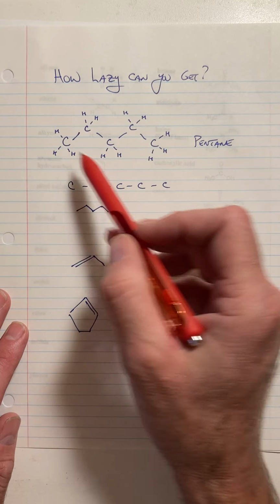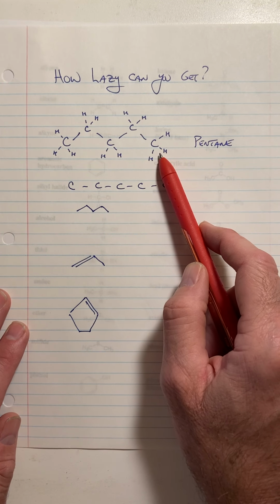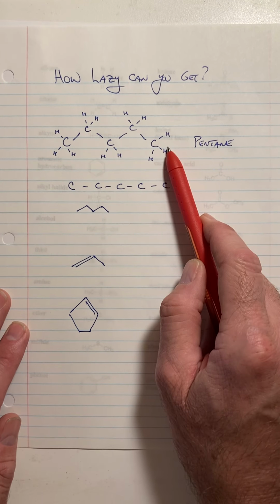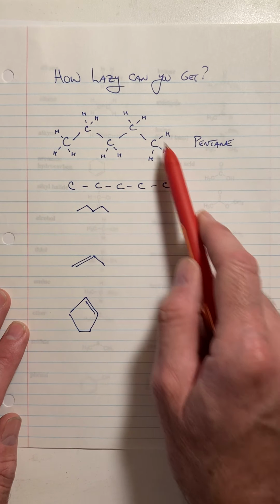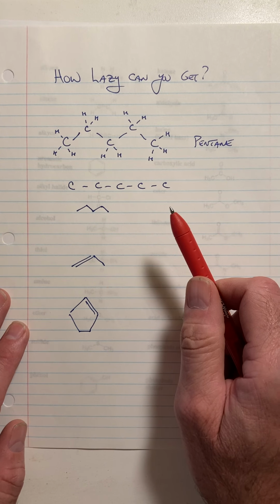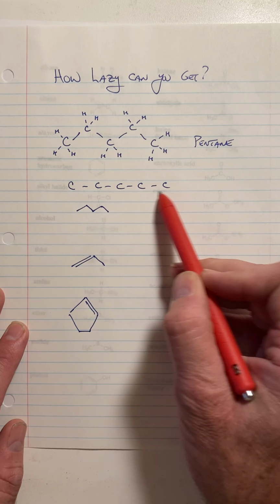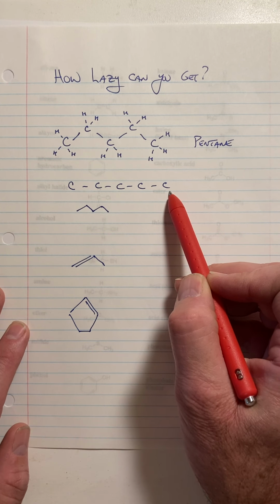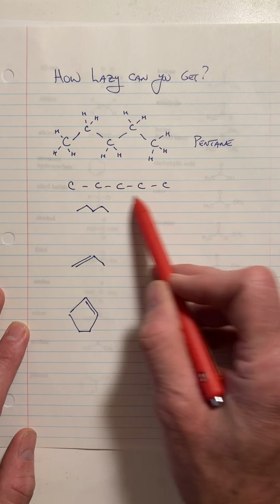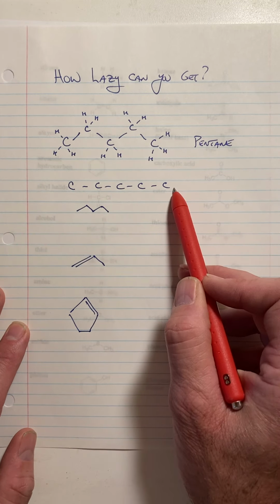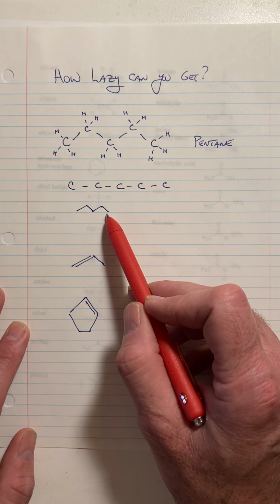So to correctly write out a pentane, you should write out your 5 carbons with all their hydrogens attached, but that's a lot of work. So what you'll see is that sometimes chemists just write out the carbon chain because a good chemist is going to know where the hydrogens are based on the chain. But you can get lazier than that.